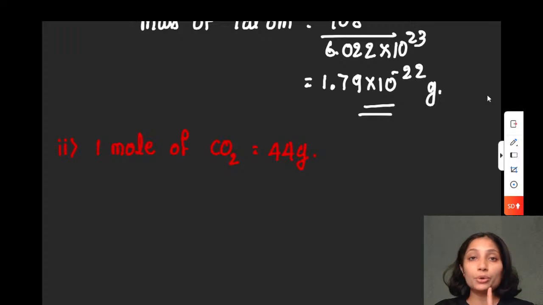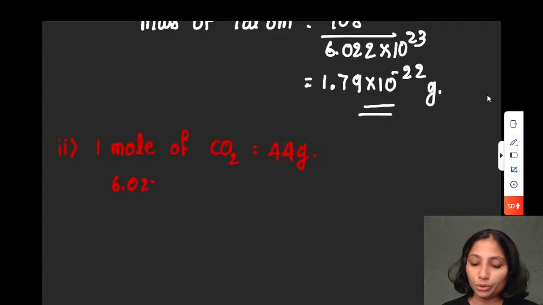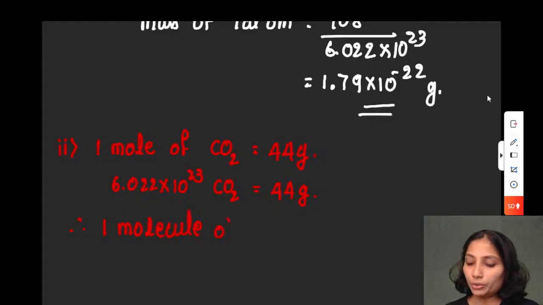In 1 mole of CO2, how many CO2 molecules will be there? Yes, 6.022 × 10^23 CO2 molecules weigh how much? 44 gram.